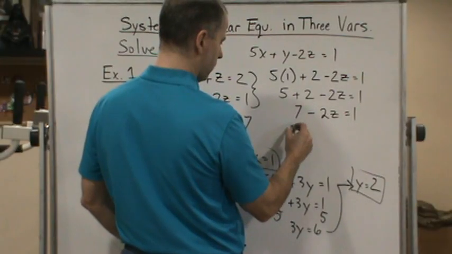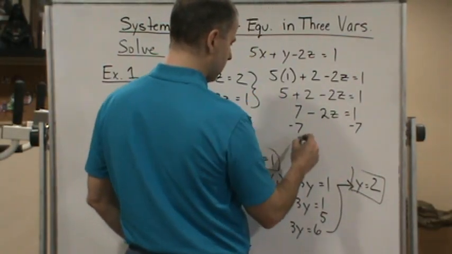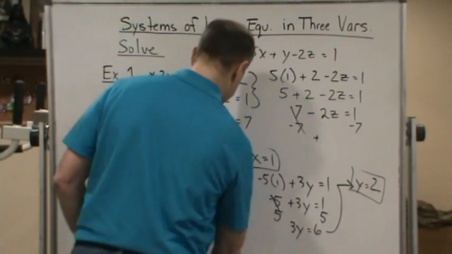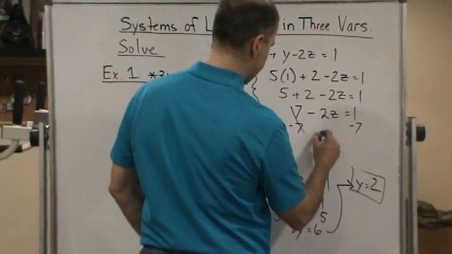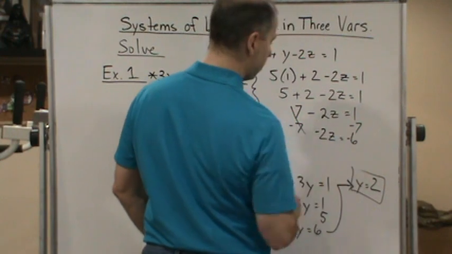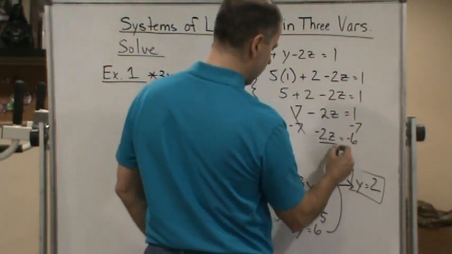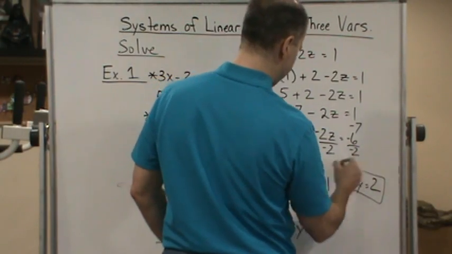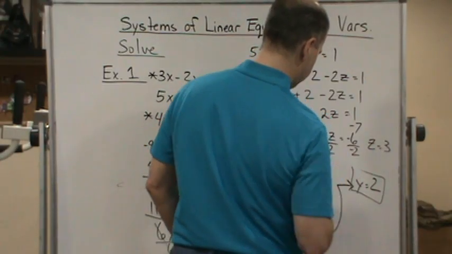And now what I'm going to do is subtract 7 from both sides. And so that's going to give me negative 2z equals negative 6. And then if I divide both sides by negative 2, what happens? I get z is equal to 3.